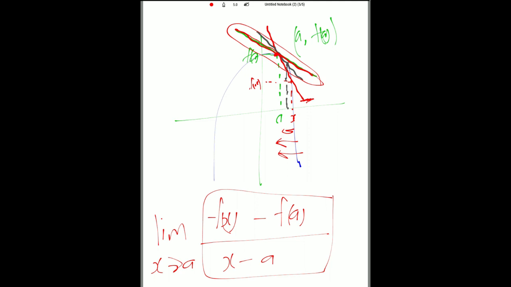We are finding the gradient at the point a, f of a. We are finding the instantaneous rate of change of y with respect to x. We are finding the rate of change at a single point. I cannot emphasize that enough.